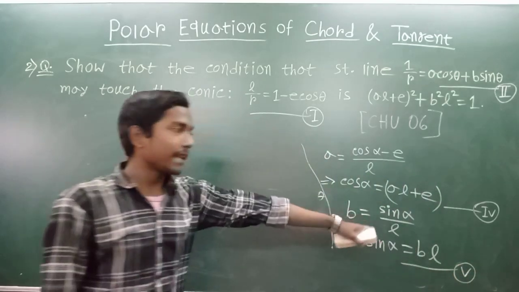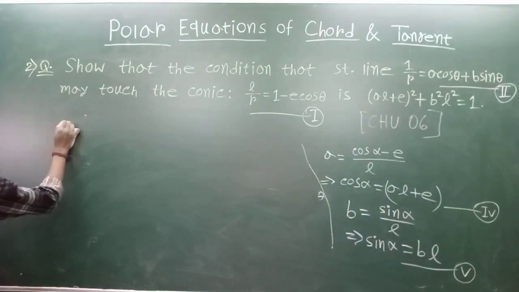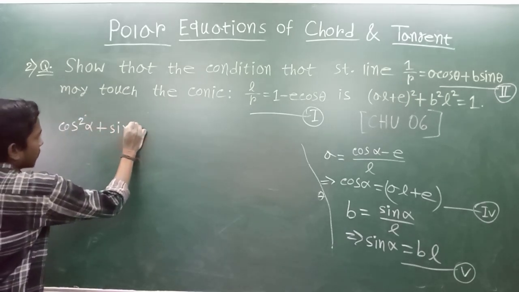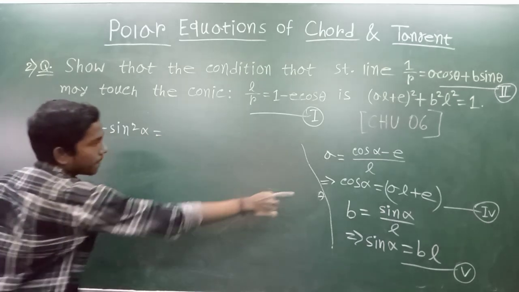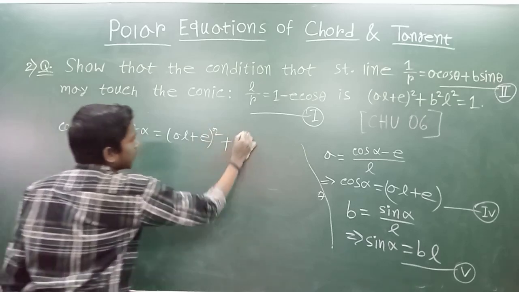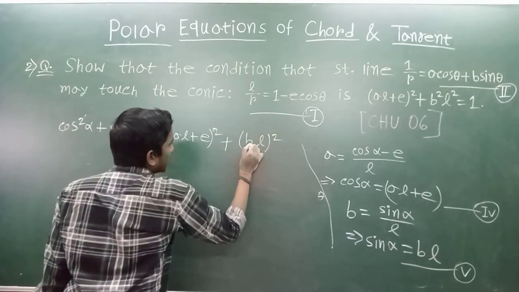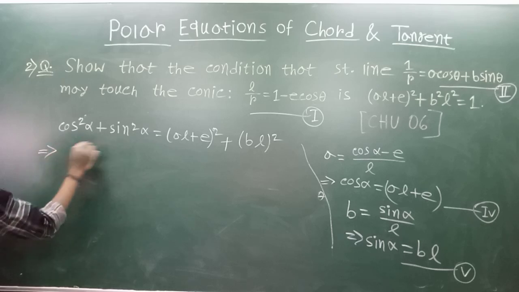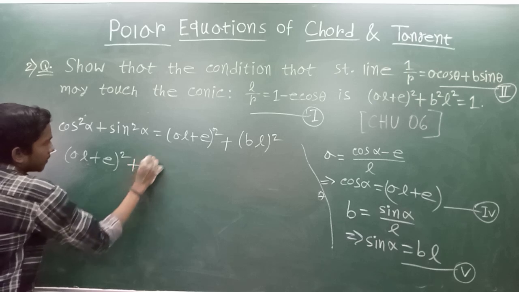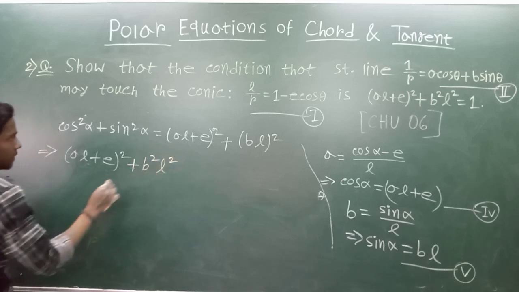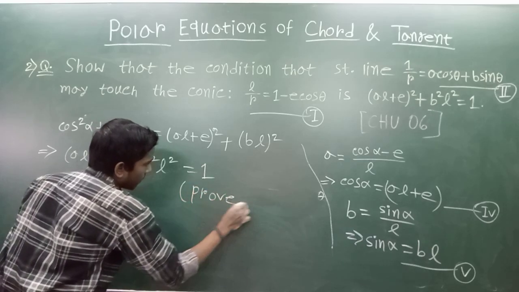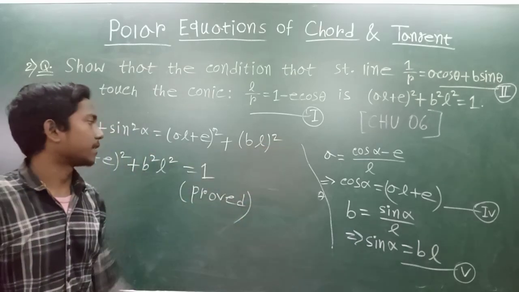Squaring and adding equations 4 and 5, we get cos squared alpha plus sin squared alpha is equal to AL plus E whole square plus BL whole square. This implies AL plus E whole square plus B square L square is equal to 1, which is the required condition. Okay, this is the required condition, hence proved.